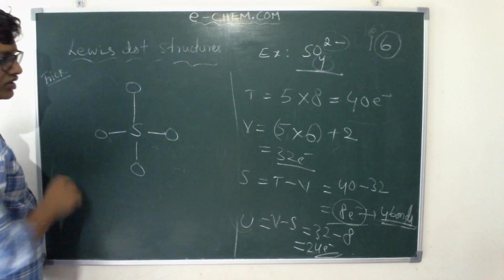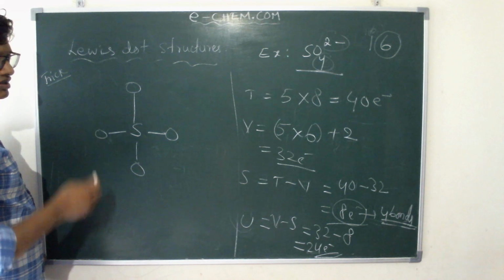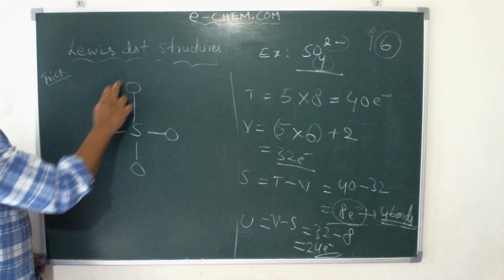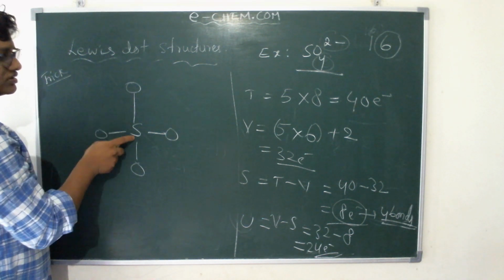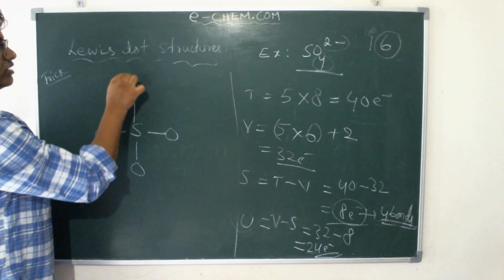Now I want to distribute the unshared electrons. In my hand I have 24 electrons. This oxygen already has 1 bond with the sulfur, so it requires 6 more electrons to finish its octet.